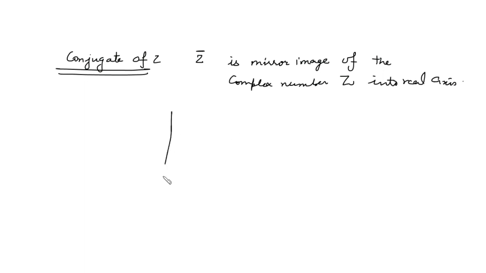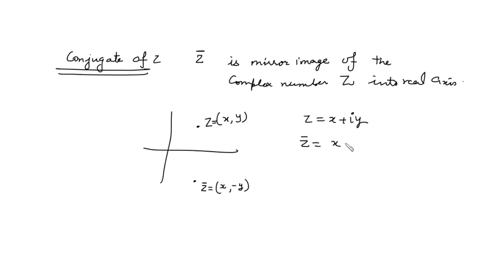Let's suppose you have a point z over here, having the coordinates x comma y. So its mirror image with respect to this will be z conjugate, which has the coordinates x comma minus y. So if z is equal to x plus iota y is a complex number, then the conjugate of z will be x minus iota y.